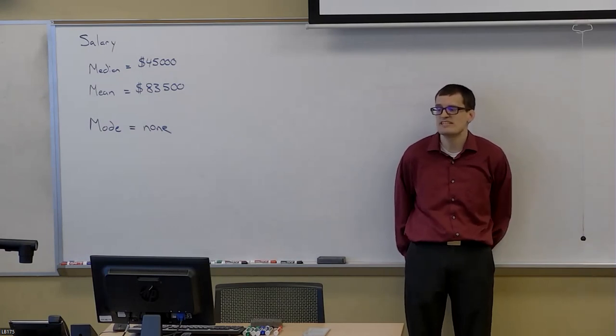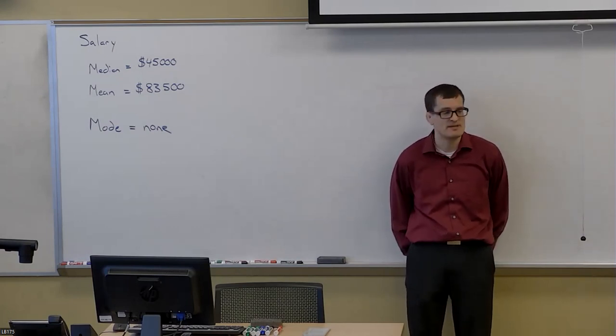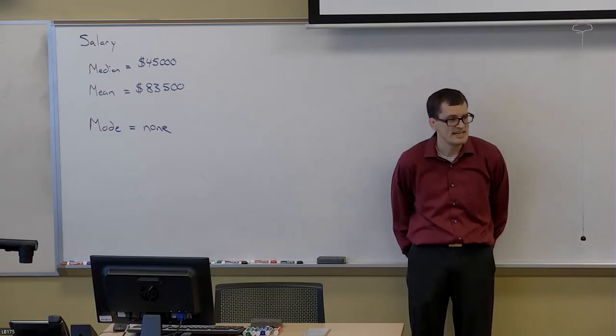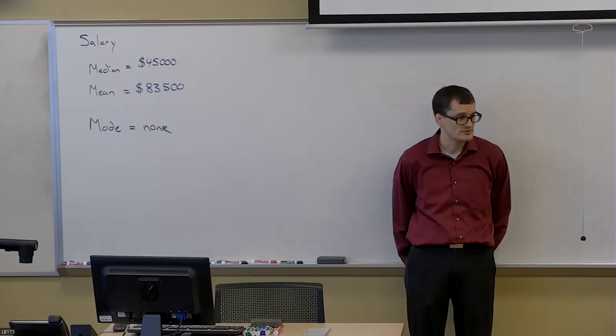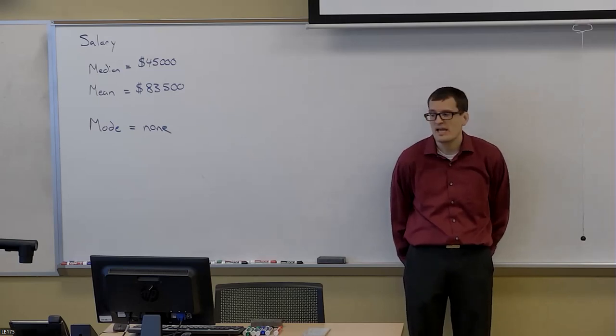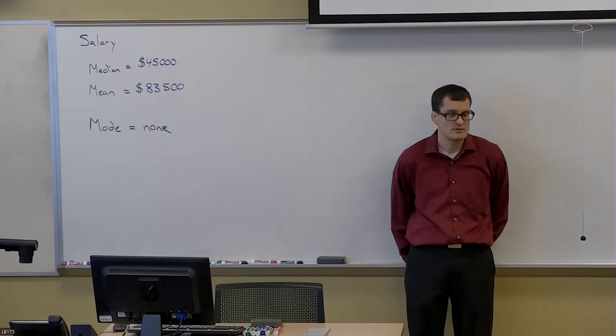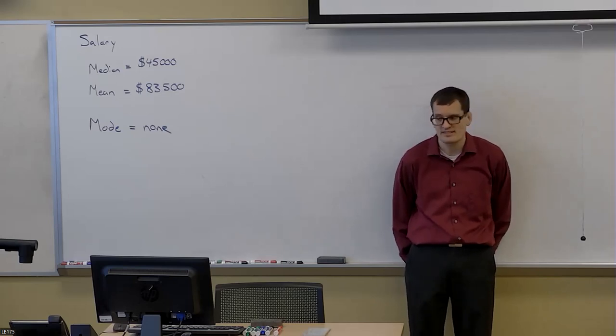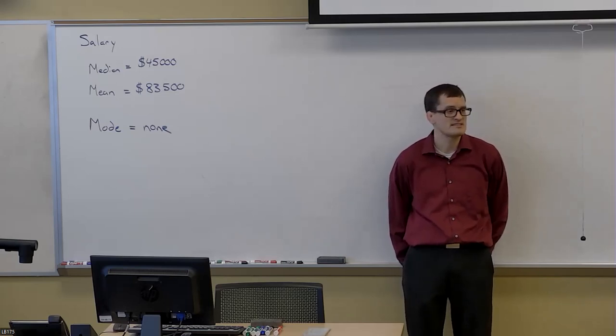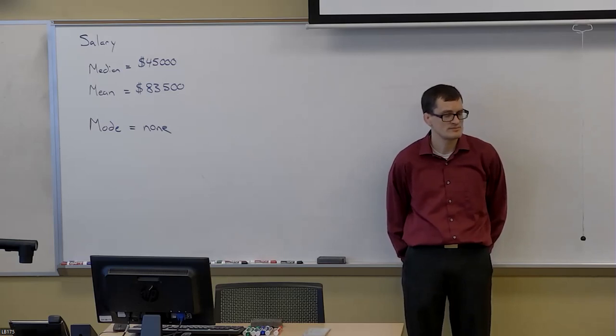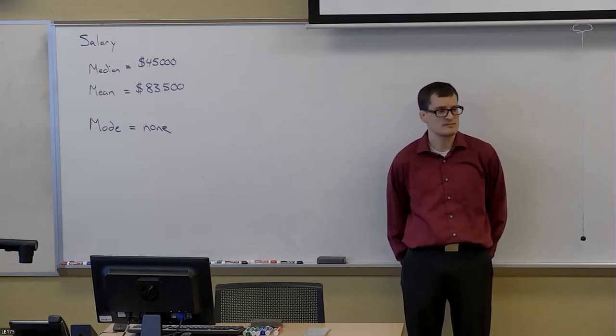So by choosing a central tendency which is a bigger value, the reader assumes the data set has bigger values. And by choosing the central tendency with the lower value, people think that the data set has lower values. That makes sense?